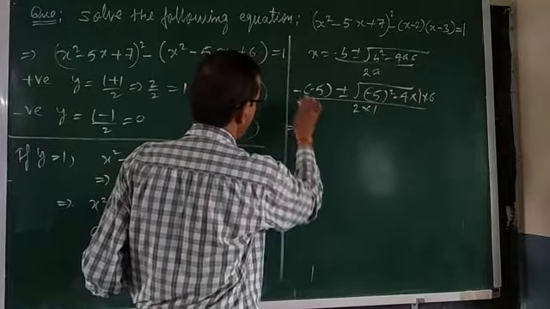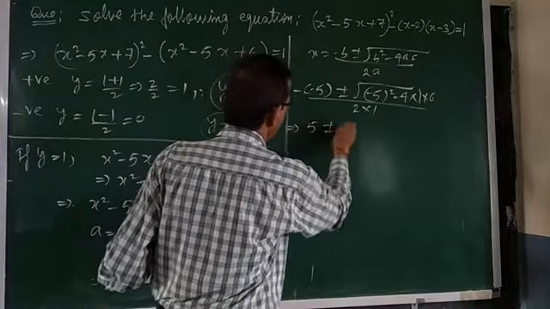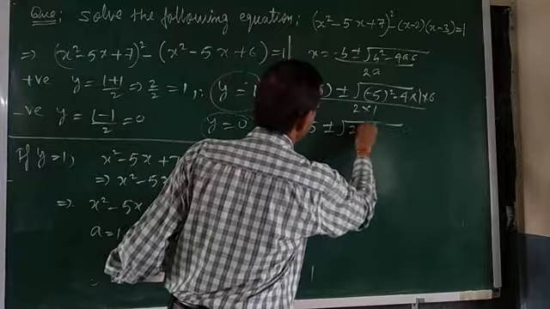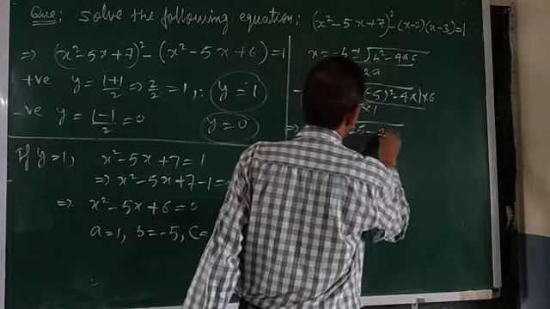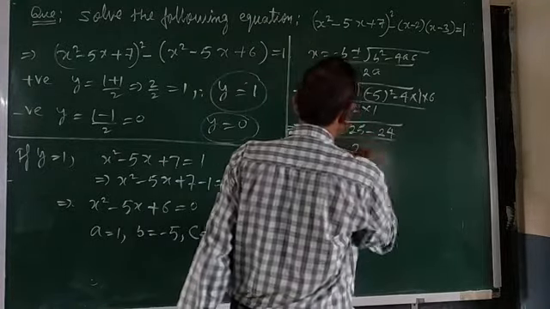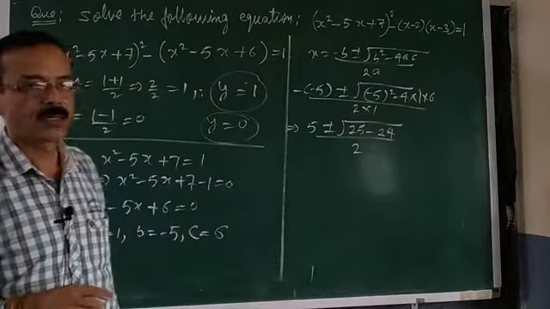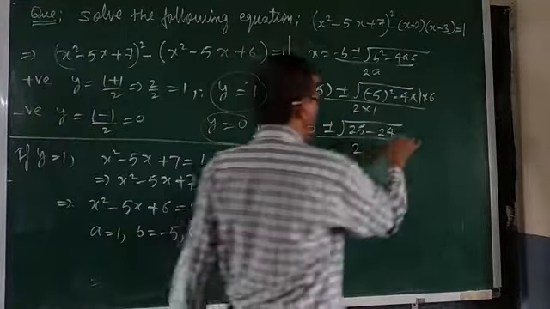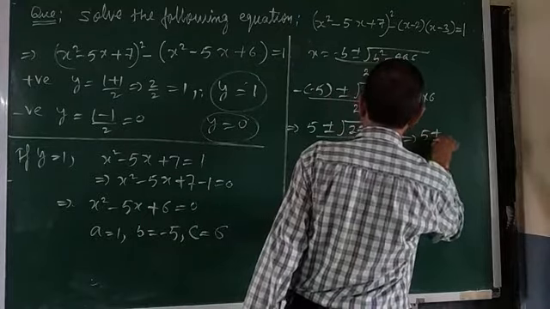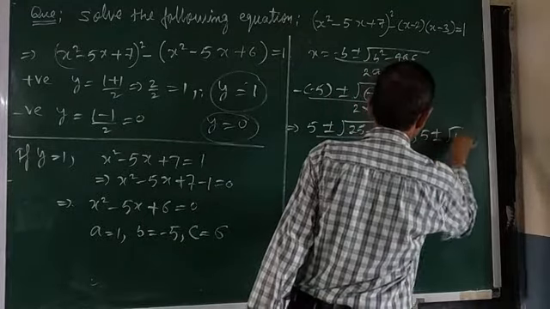Now next line, 5 plus minus under root 25 minus 24. Simplify, and that will be equal to 5 plus minus under root 1 upon 2.